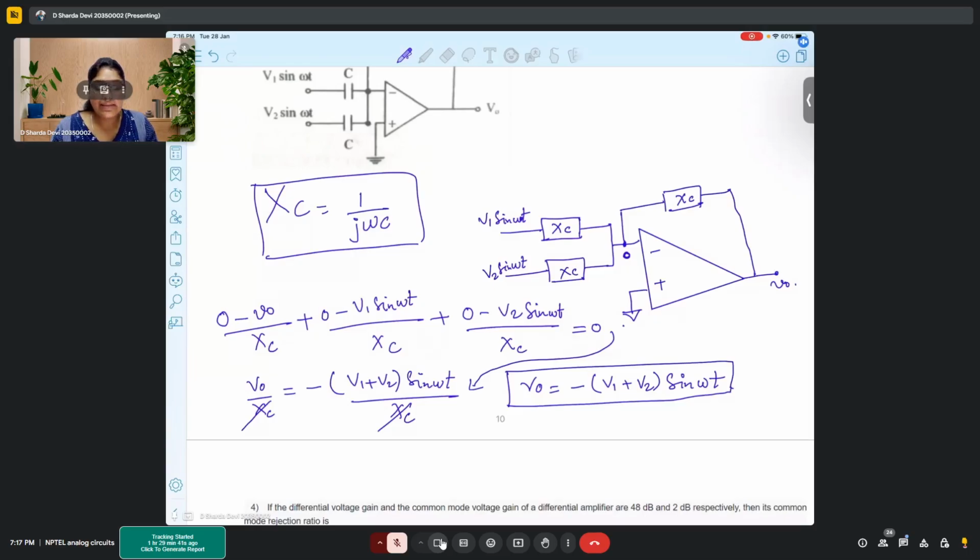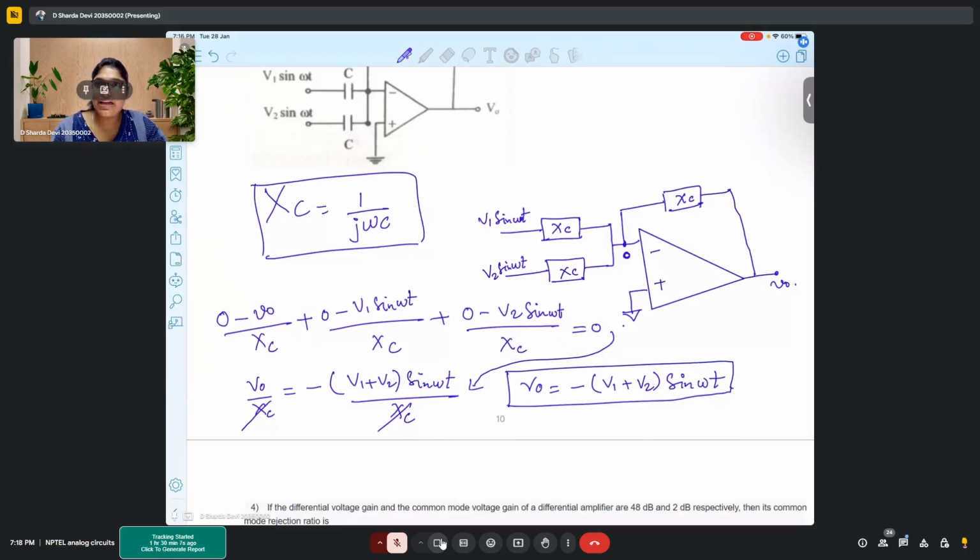Yeah, so this is how you got the output. And while finding the transfer function, the basic idea is you have to do separation of variables, where your V out based terms should be on one side, and V in based terms on the other side.